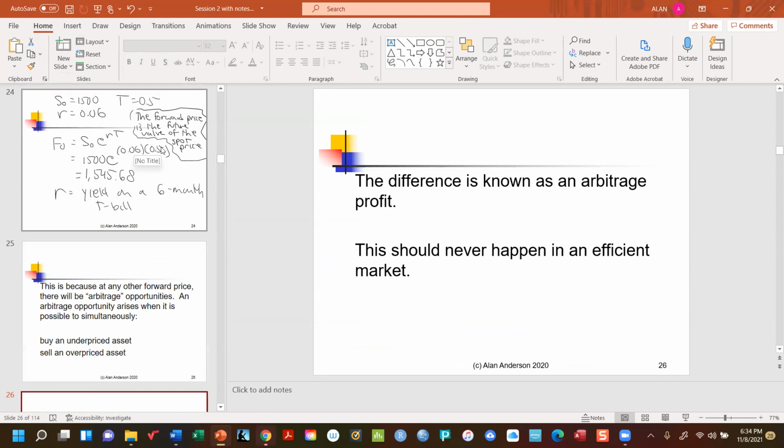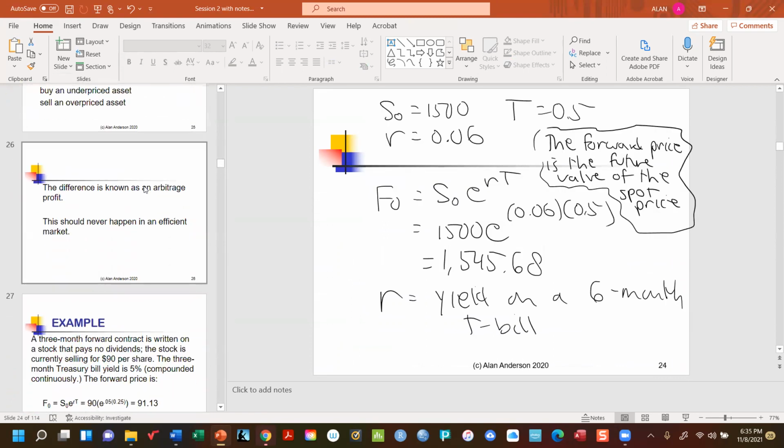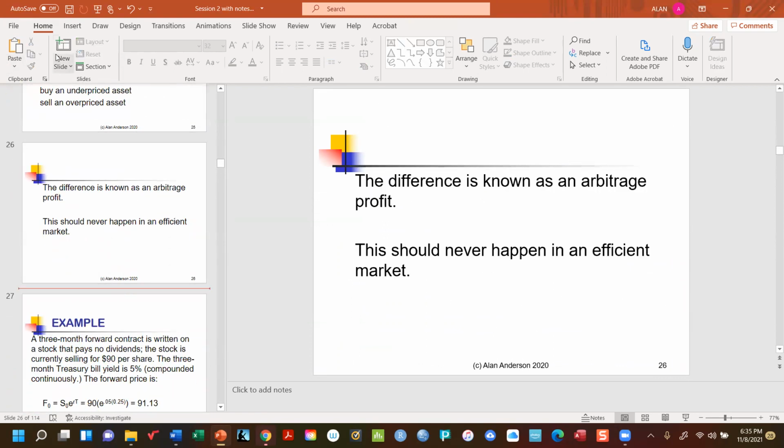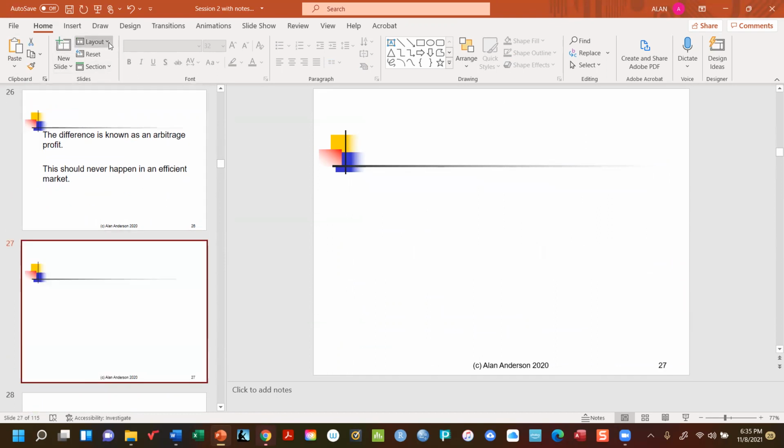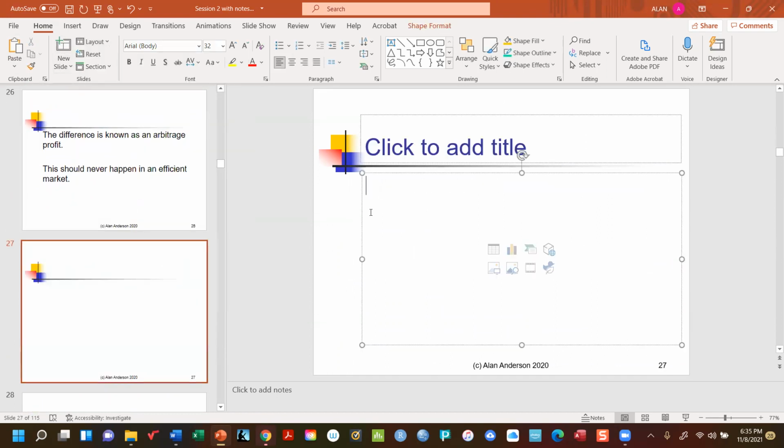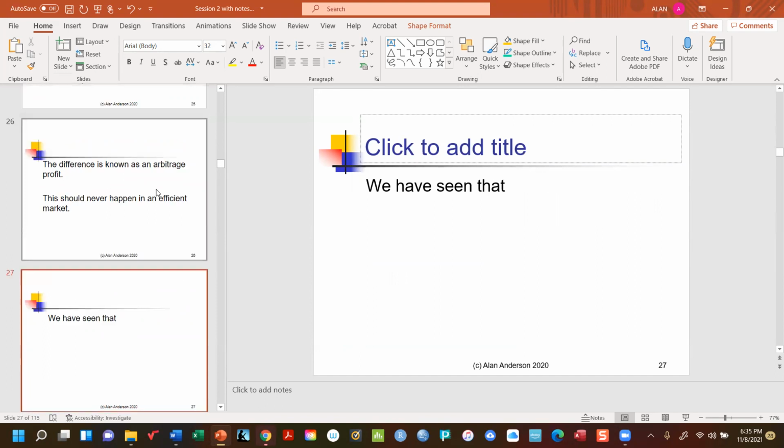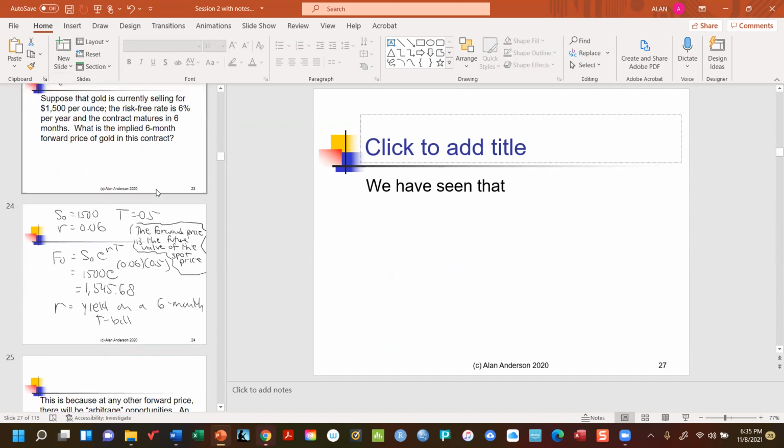Now, let's just go back and visit this case. Okay, so for example, we've seen that, okay, let's repeat this information here.